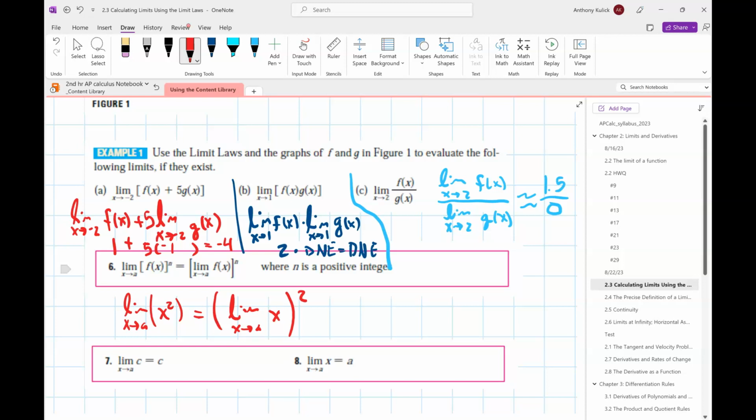Basically, we're just saying that you can do something like that. So I can just take the limit as x approaches a of x, get that answer, and then square it, right? Okay.